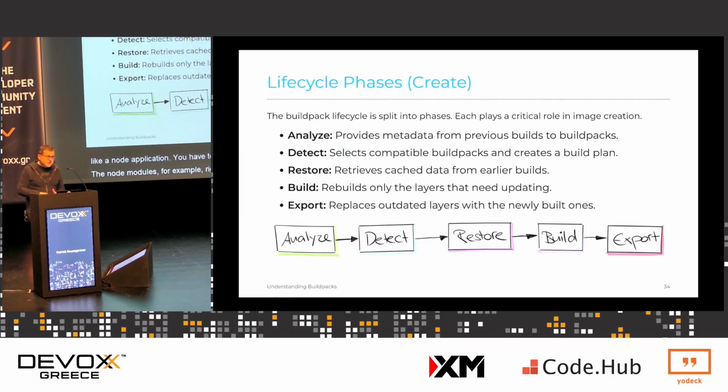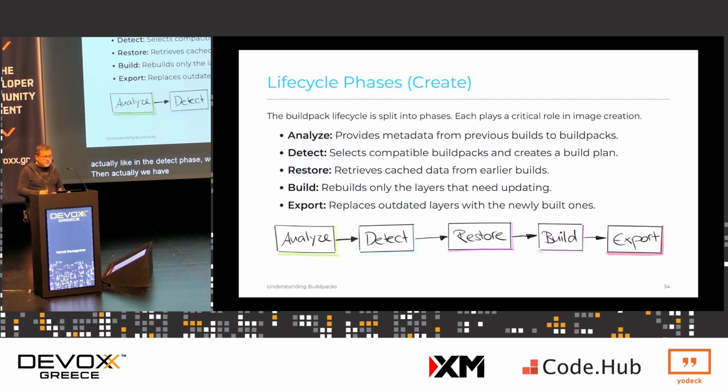So the phases of these builders are analyze, detect, restore, build, and export. The analyze phase checks if we have already something there from previous runs. So if it detects we have some caching there, that's awesome. Then in the detect phase, we check if certain preconditions are met. Then we have the restore phase.